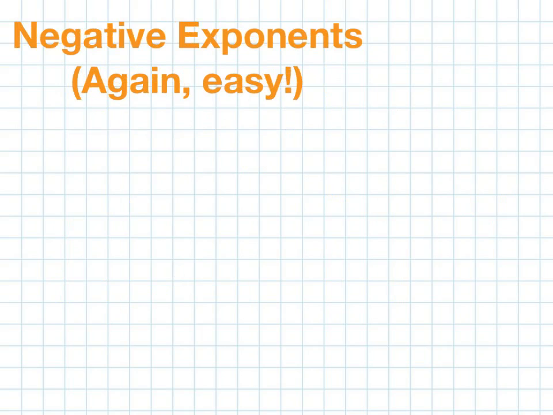Negative exponents. Again, a very easy idea. We've had some negative exponents we've practiced with, but we have to learn that we're not allowed to have negative exponents, but there's an easy fix. A negative exponent is a reciprocal. You remember the word reciprocal from dividing fractions.